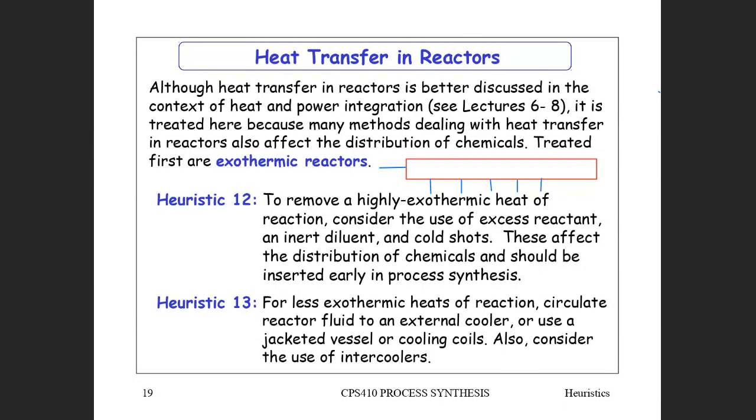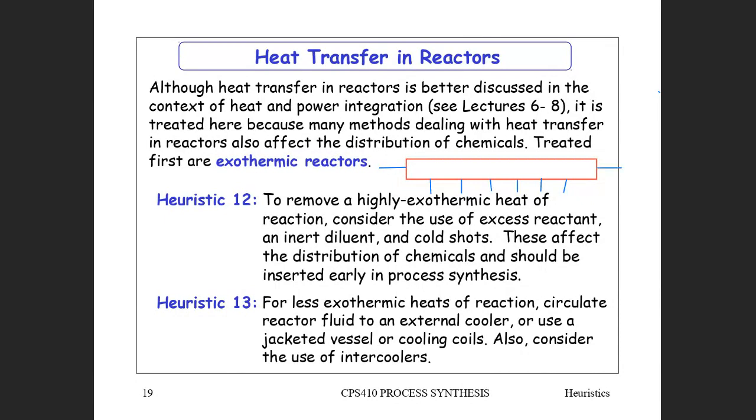So that's what you're talking about, cold shots. These affect the distribution of chemicals and should be inserted early in process synthesis. In other words, you must know what reactor you're going to use early in process synthesis, because when you do this, you might get a different distribution of chemicals. You might have different products.